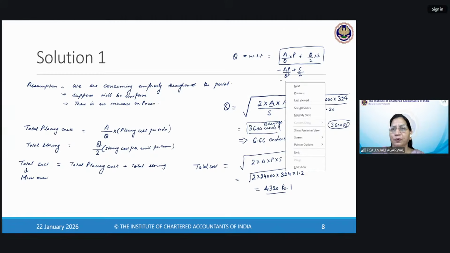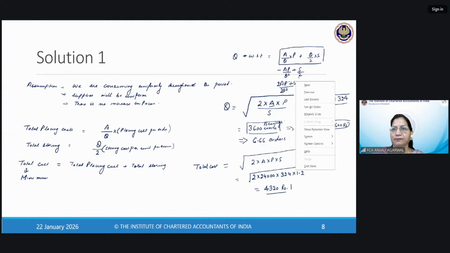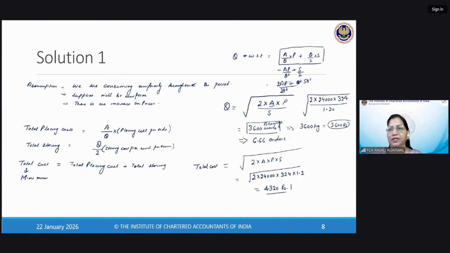Then you will take the LCM, which would be 2Q square. So we will take 2Q square there: 2Q square minus SQ square is equal to 2AP, Q square common.